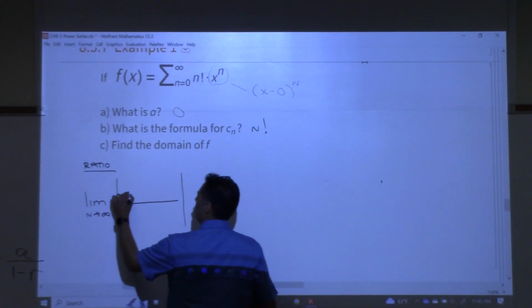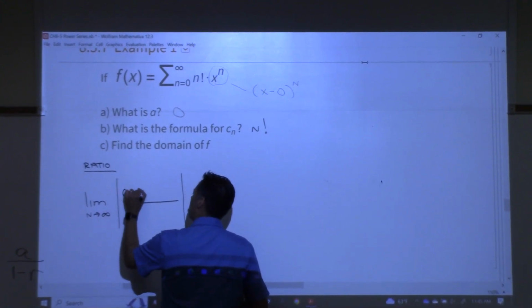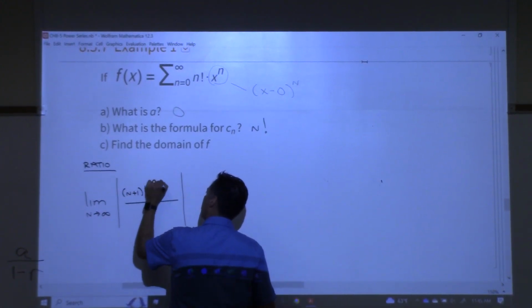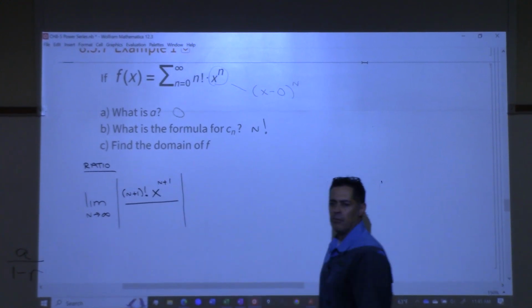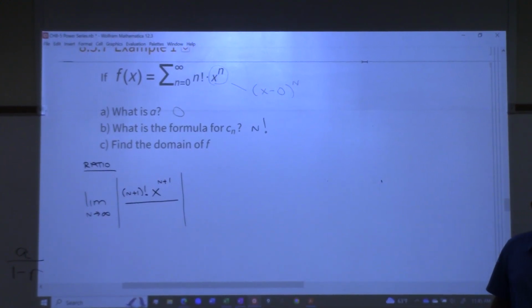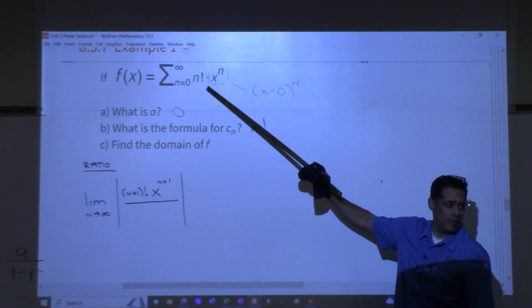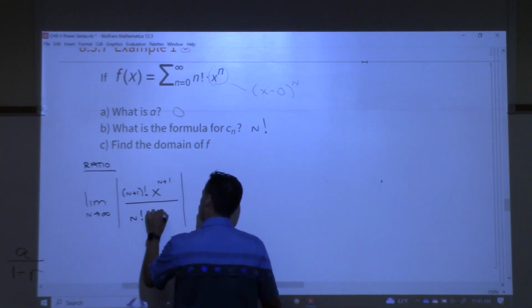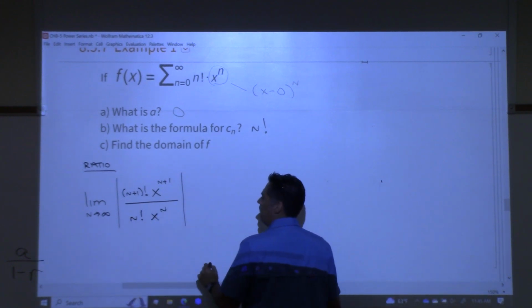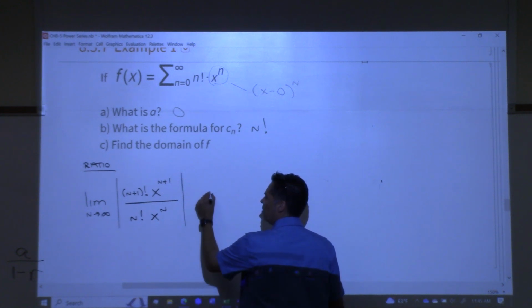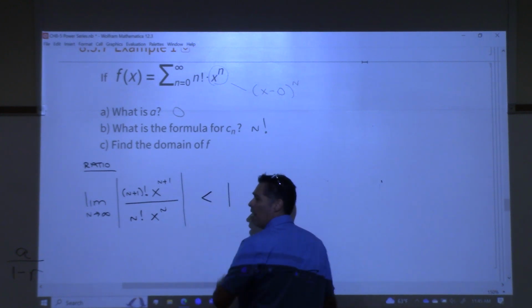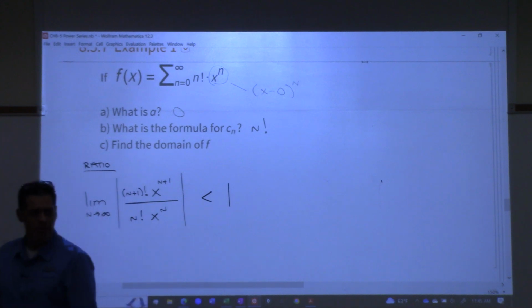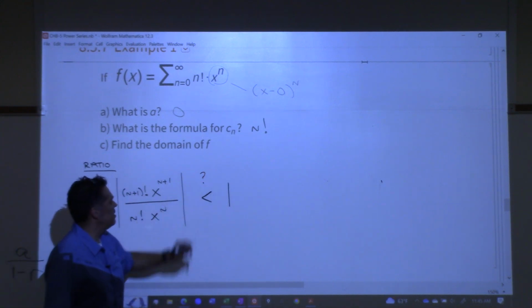So I'm going to plug in n plus 1 factorial x to the n plus 1. That's a sub n plus 1. Then divide that by a sub n, which is that formula just the way it appears up here. And what do I want this limit to be? Less than 1, right, for convergence? So I'm asking myself, when is this less than 1?